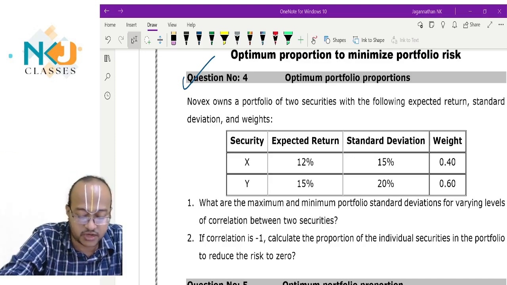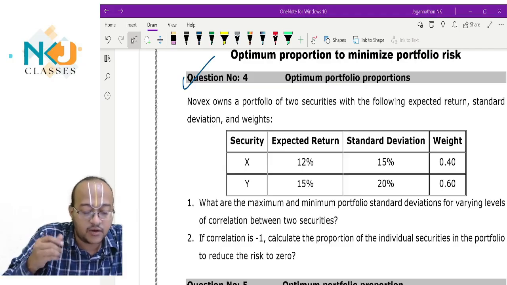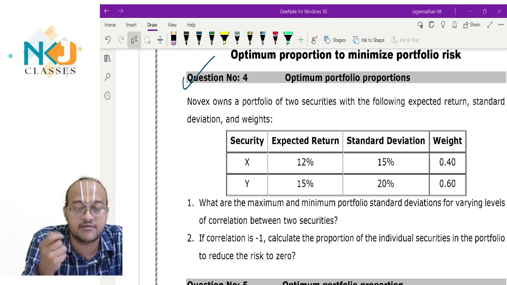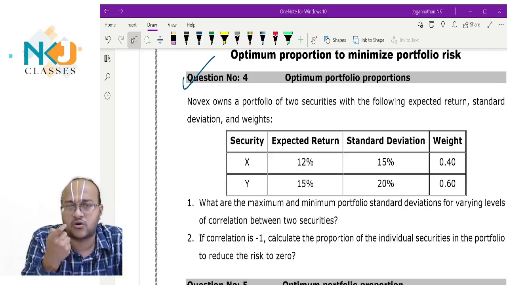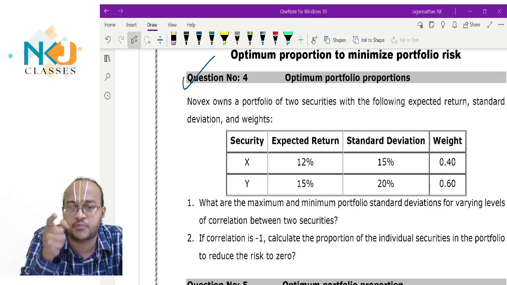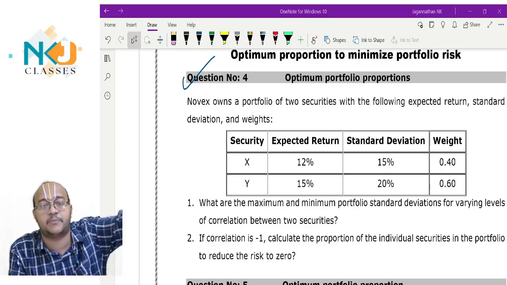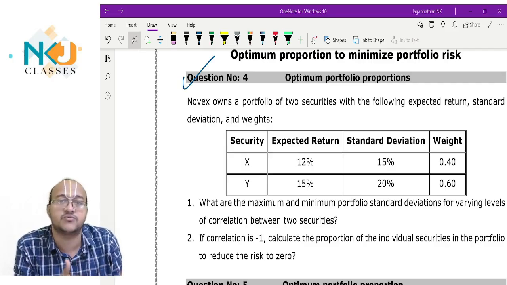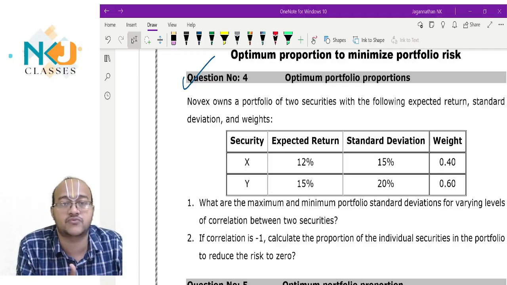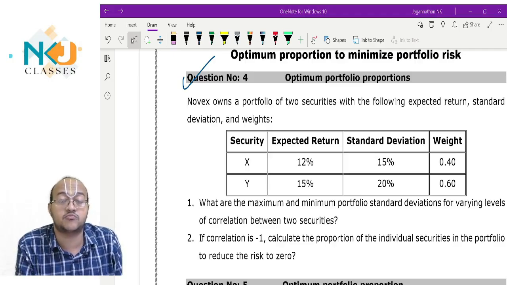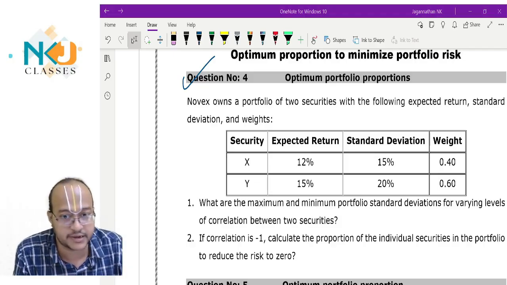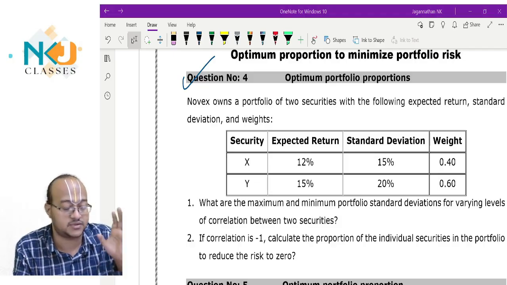So that is why they have asked what the maximum and minimum portfolio standard deviations are for varying levels of correlation, which means when the correlation of these two securities is perfectly positive, only then maximum risk will happen. Correct? Because they have not given the correlation, we need to assume it. The question also asks when there will be minimum standard deviation of the portfolio, that is, maximum reduction in the risk of the portfolio: when the correlation is -1. Correct? That is what they have asked. Are you understanding?